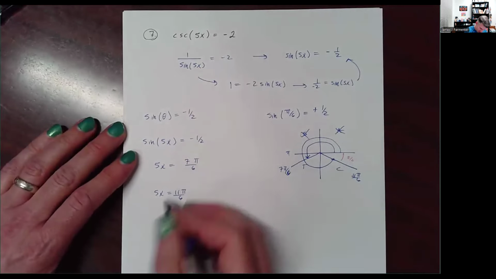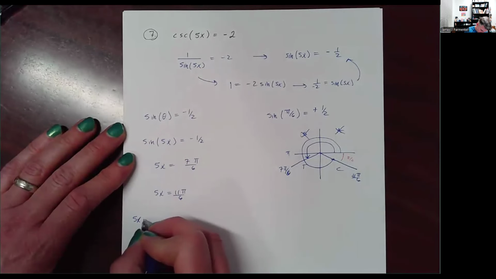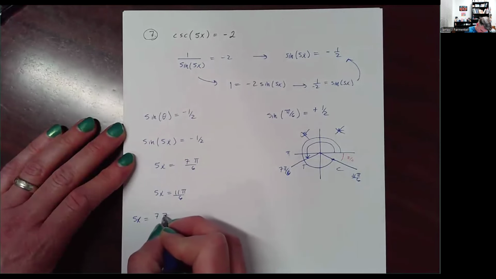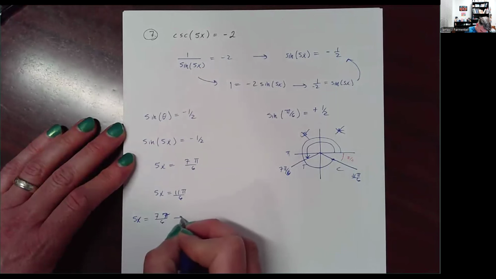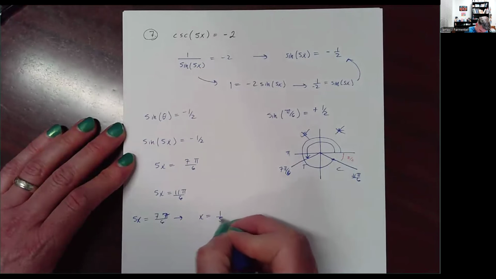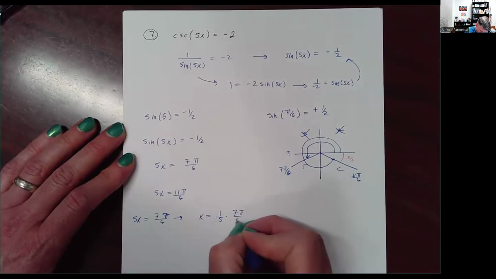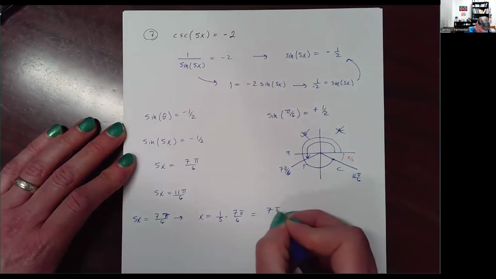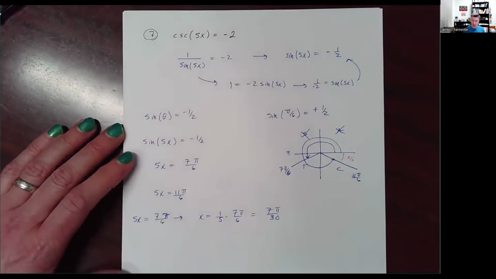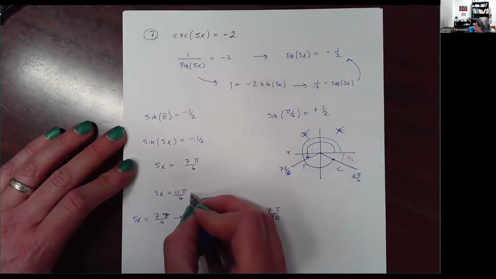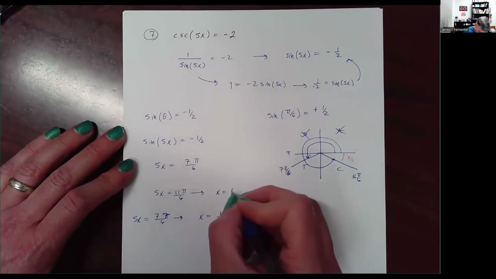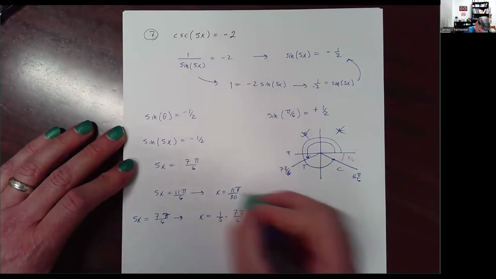So starting with the 7 pi over 6, 5x equal to 7 pi over 6 is going to lead to x equal to 1/5 times 7 pi over 6, which is going to be gross. It's going to be 7 pi over 30. In a similar way, this one here is going to lead us to x equal to 11 pi over 30.